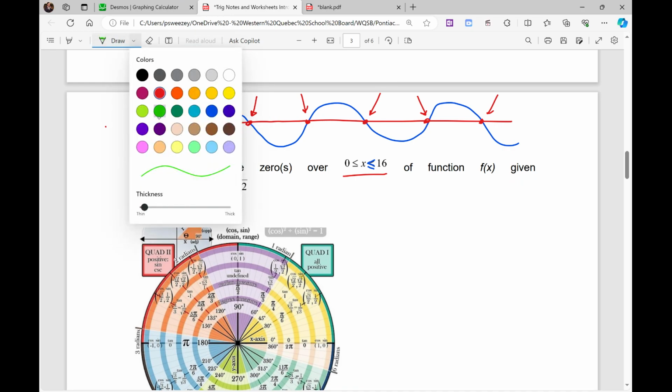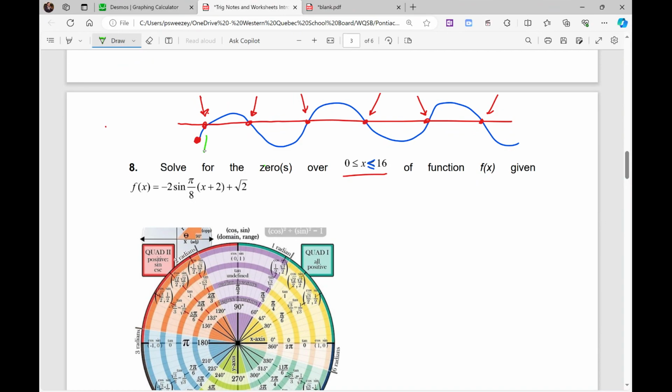This one and this one are a period length apart from each other. Alternately, this one and this one are a period length apart. The same goes with these two and with these two here. So one's on the up, one's on the down, and you can replicate that.